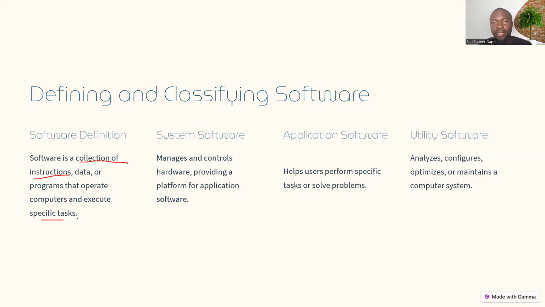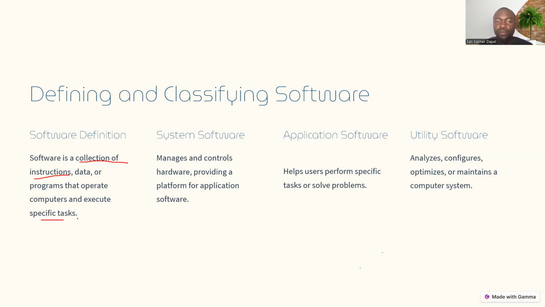As simple as that. Or we can say a software is a collection of data, instructions, or programs that operates and execute specific tasks.